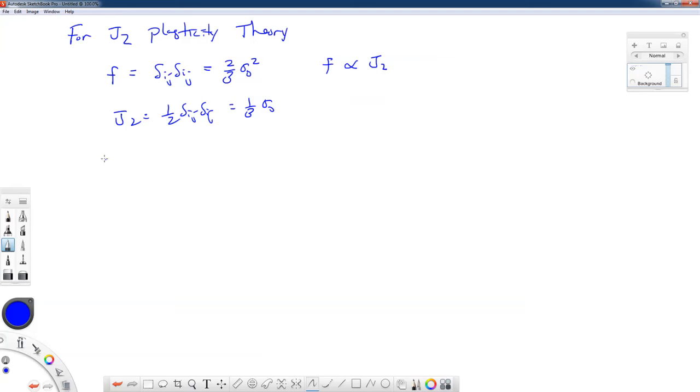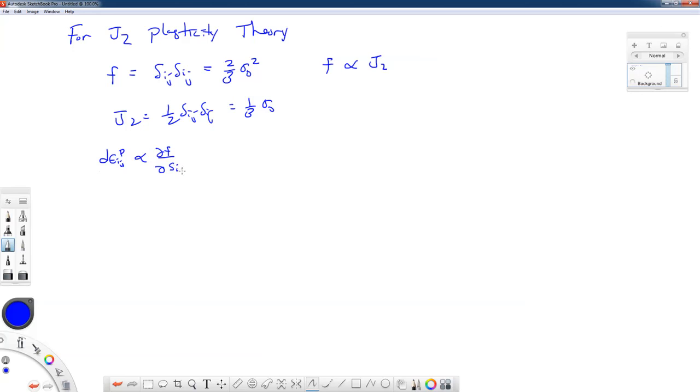So if our plastic strain increments, I wrote a partial there, should have had a d, our plastic strain increments are proportional to the partial derivative of f with respect to Sij.